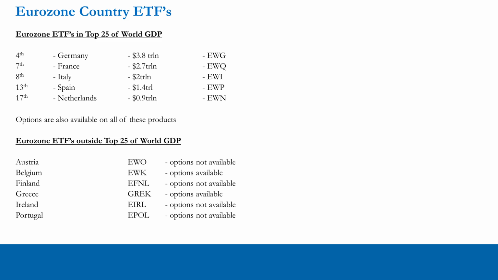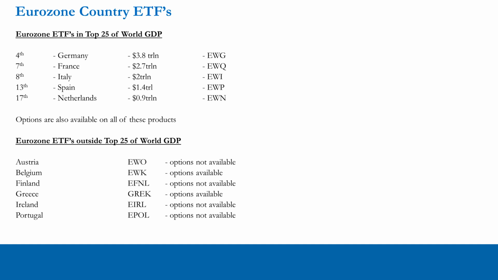Let's start with Germany, ranked fourth largest economy in the world at 3.8 trillion. Their ETF is the EWG. Ranked seventh, France at 2.7 trillion. Their ETF is the EWQ. Italy, EWI. Spain, EWP. And the Netherlands, EWN.